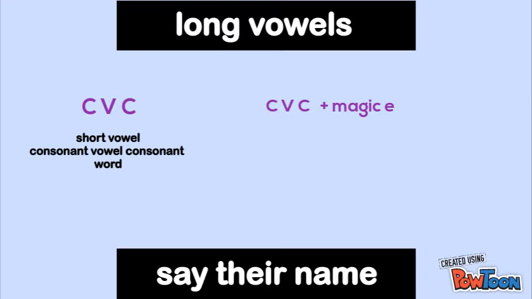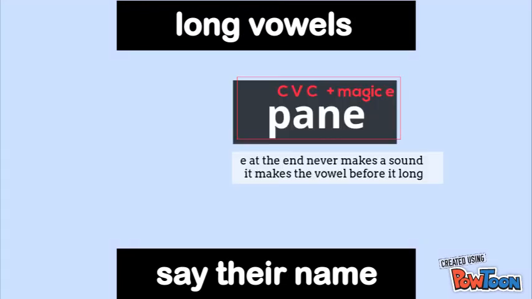Now the long sounds can be made by a different combination of vowels together. Often it's the vowel plus a consonant and then another vowel, like an E on the end, and that makes the vowel before it long. For example, in a word like pane, as in window pane, P-A-N-E, the E at the end is a silent E, because it never makes a sound in English at the end of a word.